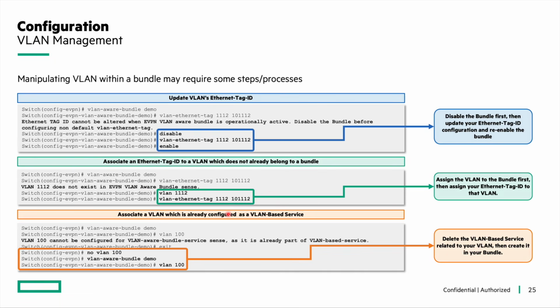Then we can associate a different tag. And finally, if we want to assign a VLAN to a bundle while it's already configured as a VLAN-based service, we first need to delete this latter. Then we can assign this VLAN to the bundle.